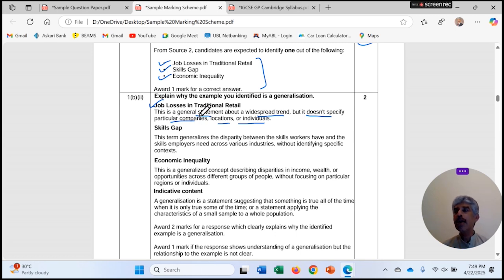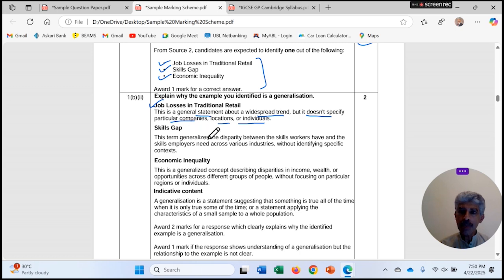As I said, if I say that everyone is struggling financially, everyone is not struggling. Whoever is struggling, I should be saying that those who are earning less than 20,000 rupees or less than 30,000 rupees a month, they are struggling. Then I am giving a specific statement. But if I am just saying that everyone is struggling financially, it means that I am giving a generalized statement.